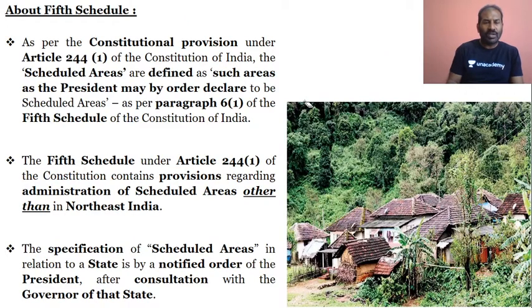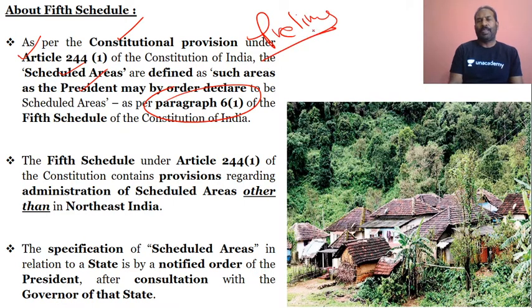And then we'll look very fast at the 5th schedule. The 5th schedule is a constitutional provision as per article 244(1) of the Constitution. The scheduled areas are defined by the president, and they are mentioned in paragraph 6(1). Again, these are very important from a prelims point of view, because the Supreme Court's latest judgment is in regard to the scheduled areas.